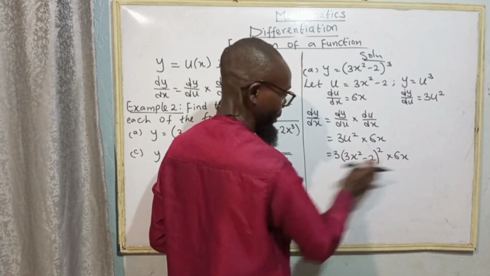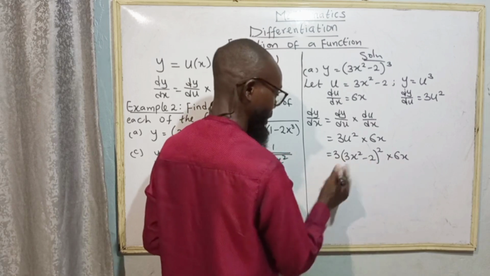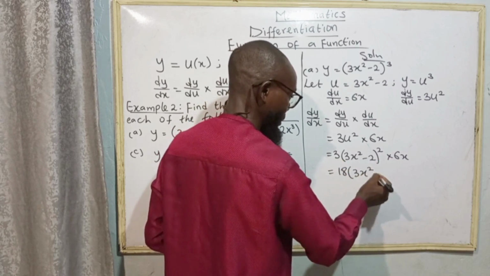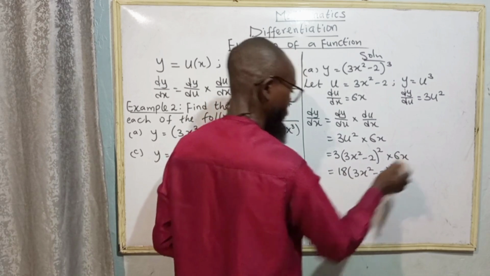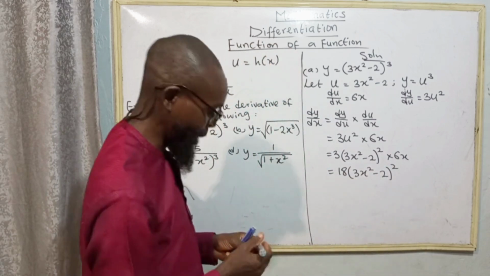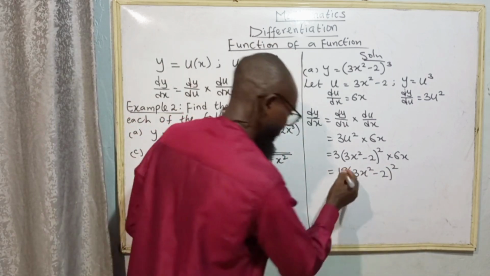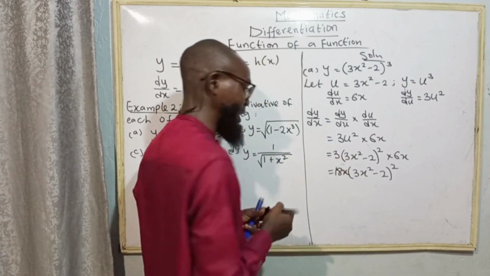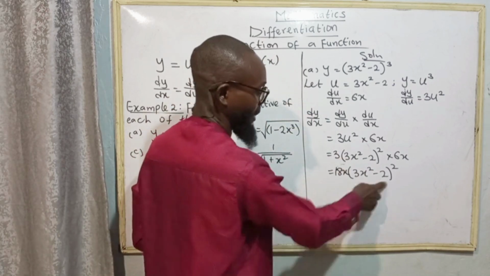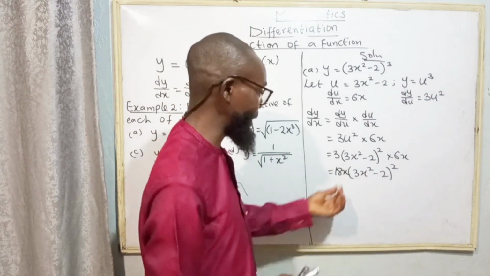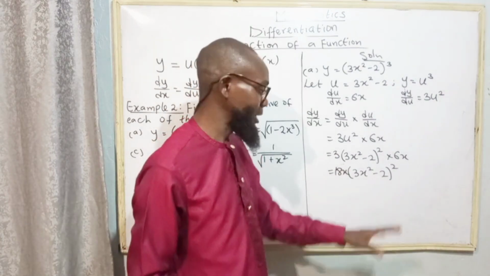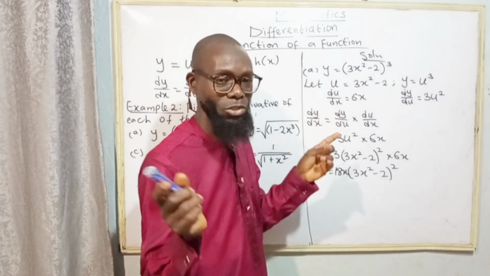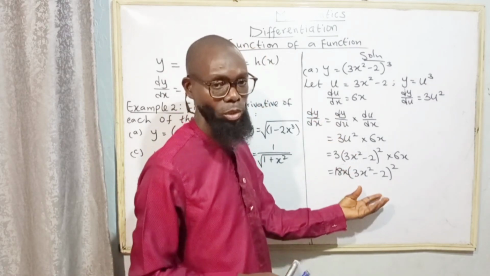So 6x multiplied by 3, 6x times 3, we have 18 open bracket 3x squared minus 2 raised to power 2. That's our dy dx. If we look at this, this is containing x, 18x. If we look at this, this cannot be multiplied. Before you can use this 18 to open the bracket, you have to first of all open this bracket first. So it's going to take a long period. So instead, we leave our answer this way.